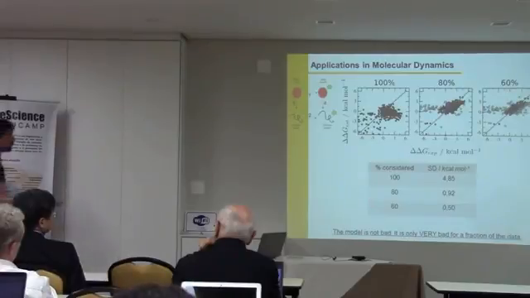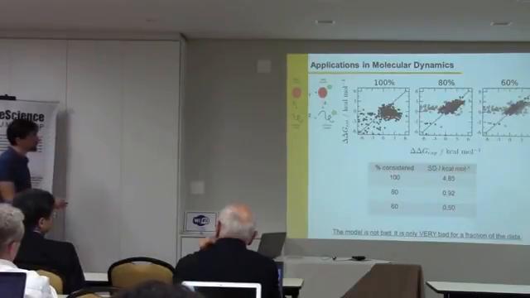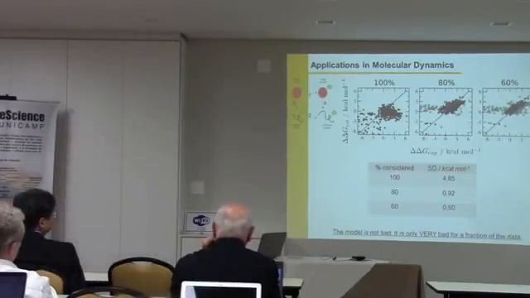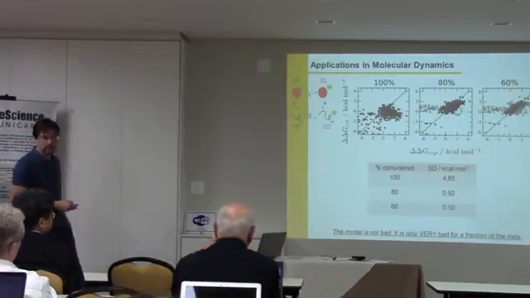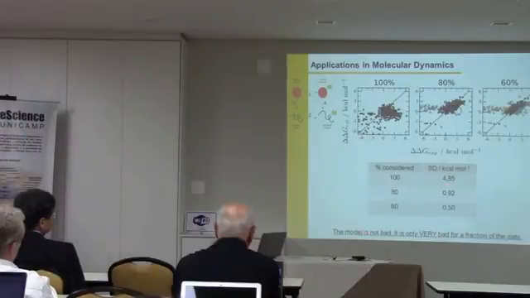If we consider 100% of the data, we had almost 5 kcal per mole error in our estimates of the free energies of mutations. However, eliminating 20% of the data, we go down to less than 1 kcal per mole in the estimates of the free energies. So we can say that our model is not really bad.